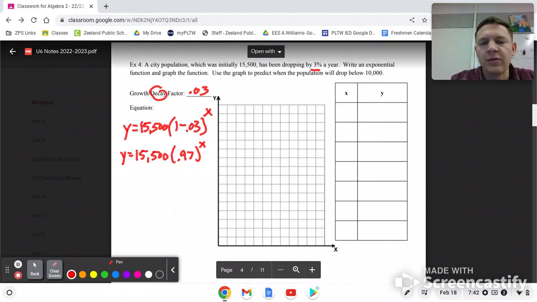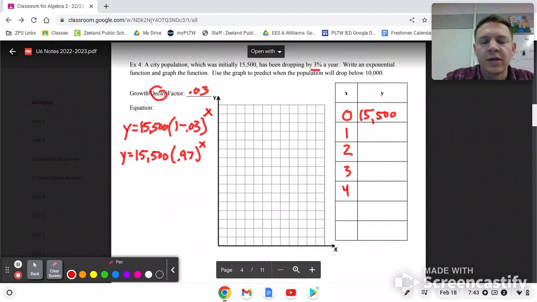Right now I have to graph it. We can't really have negative time, so I'll start at 0. At year 0, we should have the initial amount, so even without plugging it into my calculator, I know that's going to be 15,500. If that's what we started with and no time's passed, that's how many people there still are. Then I'm going to count up 1, 2, 3, 4, and see where we're at after that.